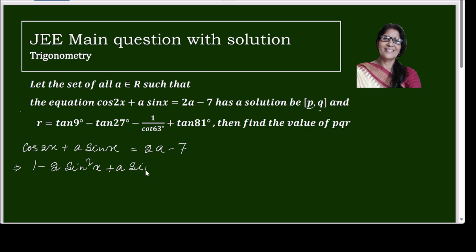Next I am shifting all the terms to the left hand side: minus 2 sin square x plus A sin x minus 2A plus 8 equals 0.